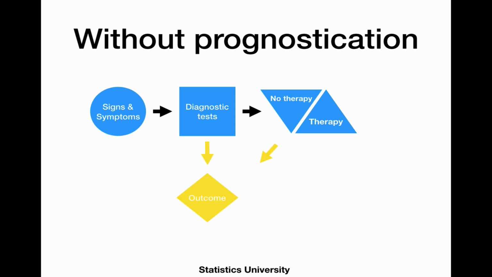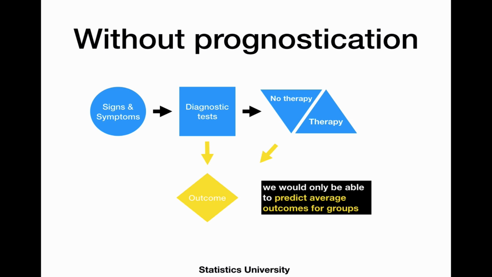And we can only use this information on a group level to predict a certain outcome for patients that are diseased and undergo therapy, or that are not diseased and don't receive the therapy. And since we would only be able to predict average outcomes for groups, we would manage all patients similarly.